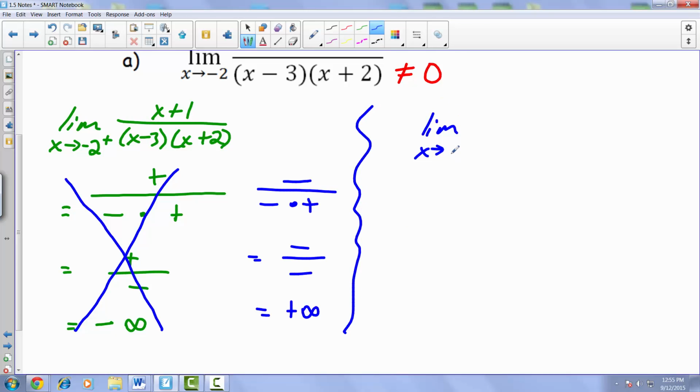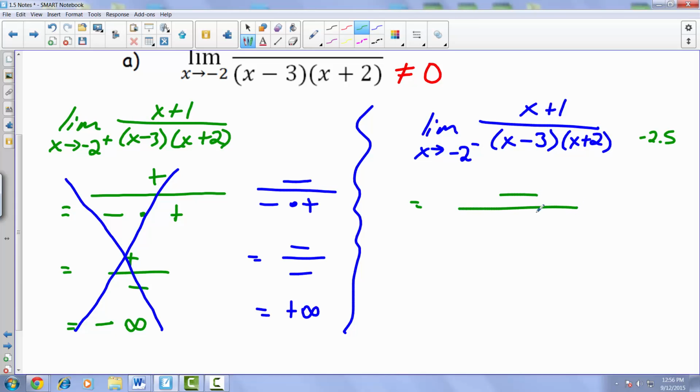Now if we look at the limit as x approaches -2 from the left side of our function, let's again choose something that's really, really close to -2 from the left side. So maybe like -2.5. When we throw that in there, we end up with a negative on top over a negative from here and a negative from here.